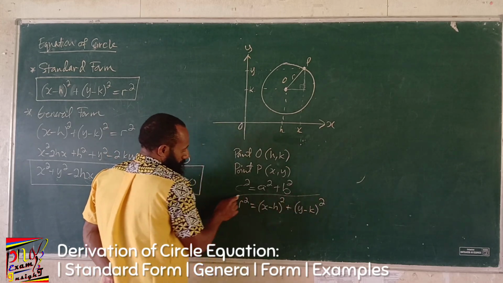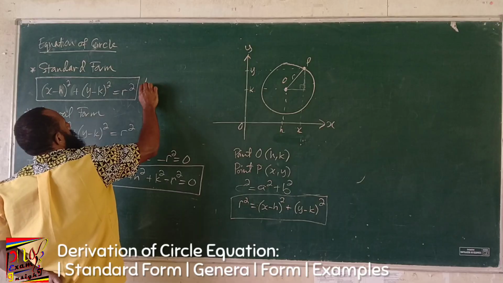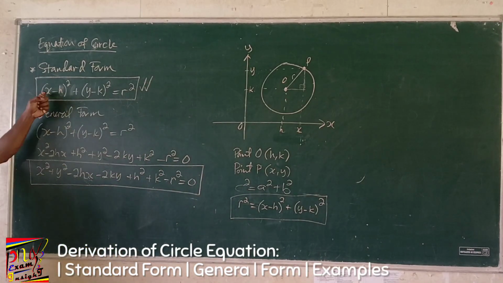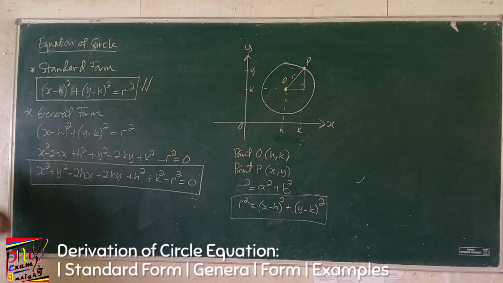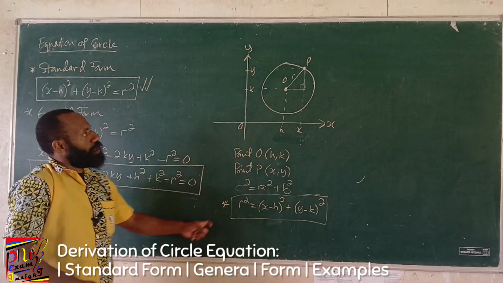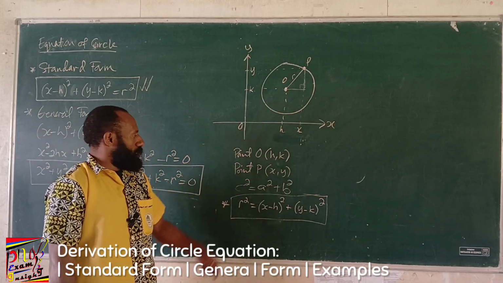And by seeing this, we arrive at the standard form of the equation of a circle. They just apply the distance formula from the Pythagoras theorem to find the radius, and they come up with this equation.